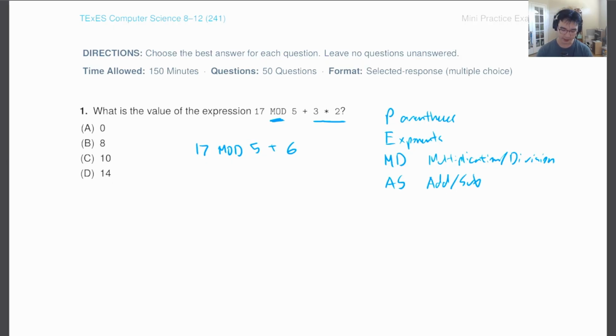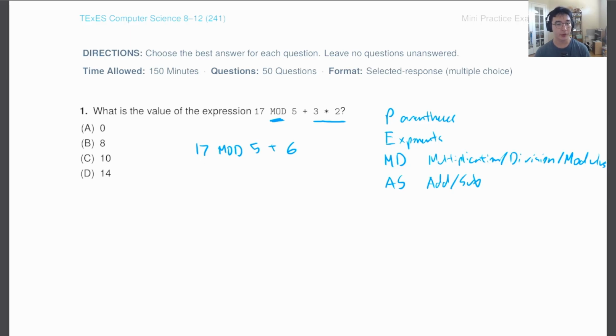You can think of mod as on the same level as multiplication and division, and it stands for modulus. Both multiplication and modulus, or mod, are on the same level, so you know that it has the same priority as multiplication and division.